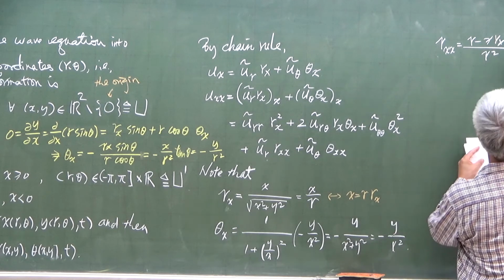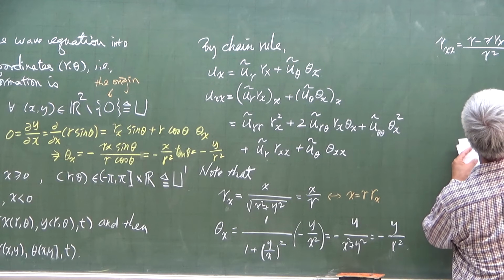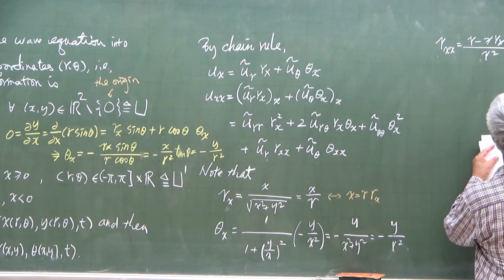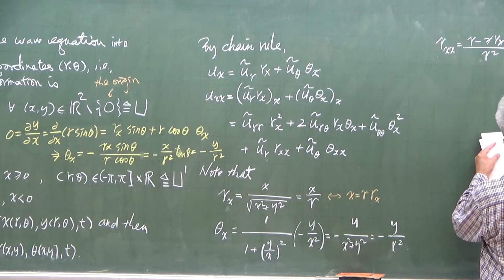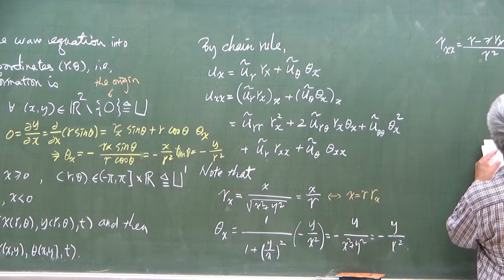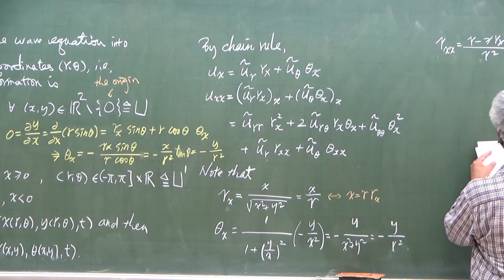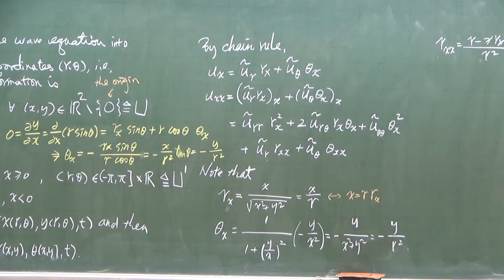Okay, and this is 1 over r, and minus x squared over r cubed, right?